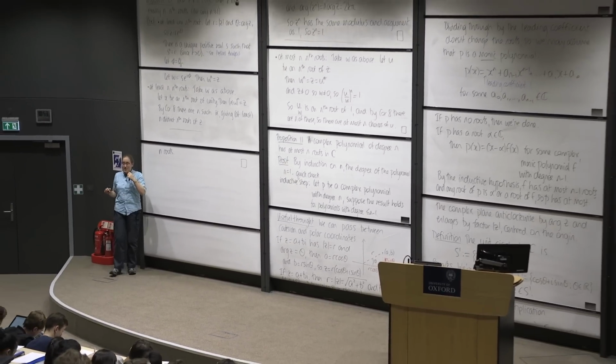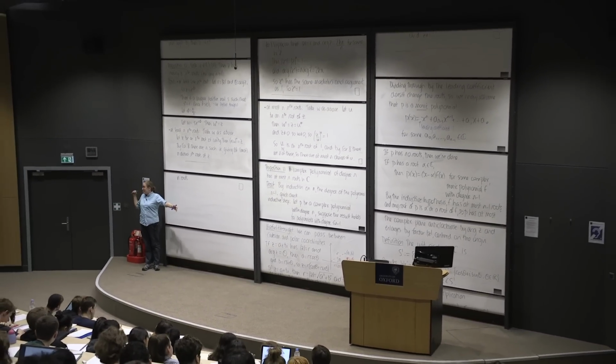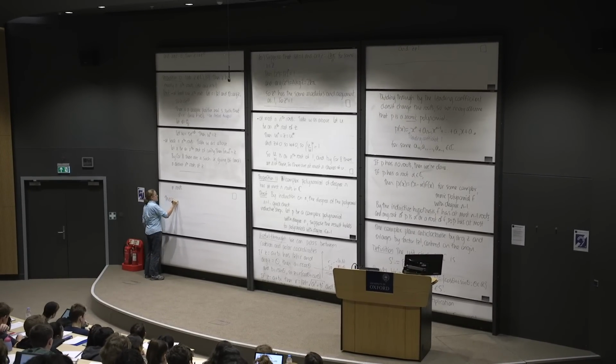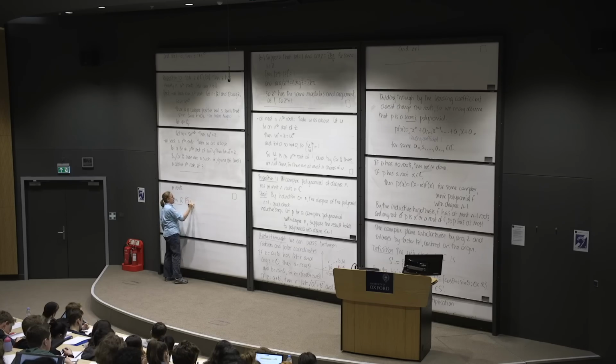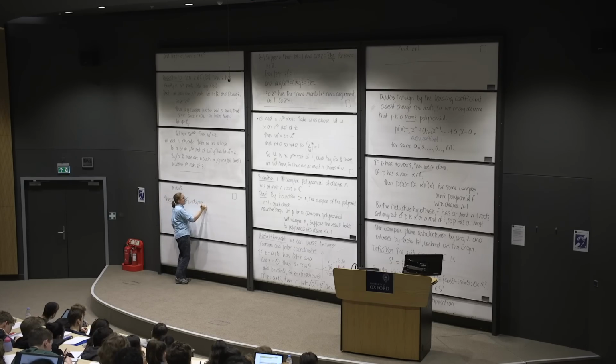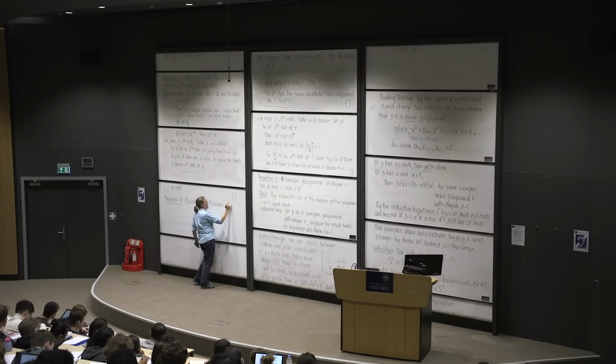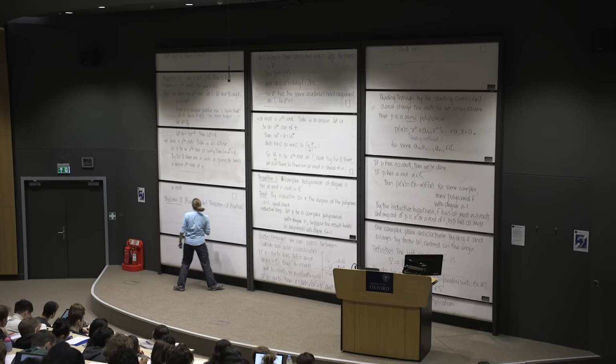What we'd really like to know is, does it have any roots? Does it always have at least one root? Does it always have n roots? And the answer is given by theorem 12, which is super important, and is called the fundamental theorem of algebra. You should draw some conclusions about the importance of this theorem from the fact that it's called the fundamental theorem of algebra.